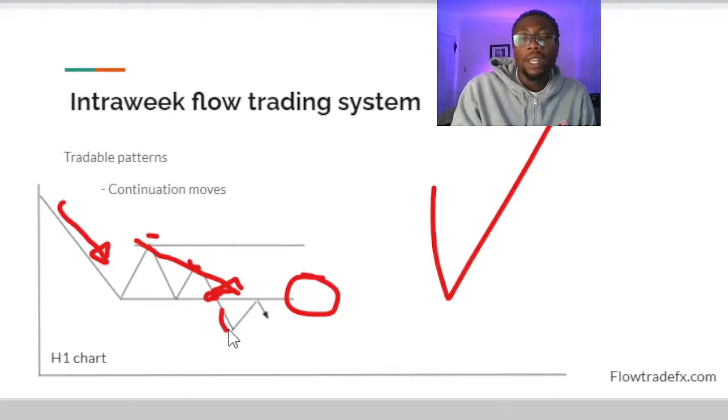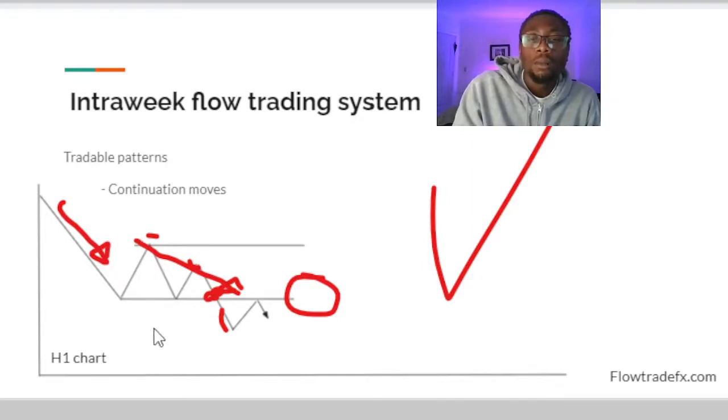So whether that be a flat top triangle or a flat bottom triangle, you're always going to want to find those in their respective trends. Flat bottom triangle in a downtrend, and flat top triangle in an uptrend. You don't want to be trading flat top triangles in a downtrend, and vice versa for an uptrend.